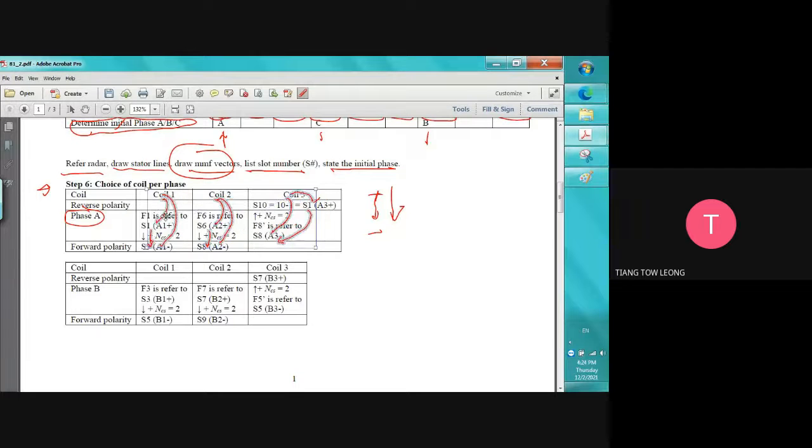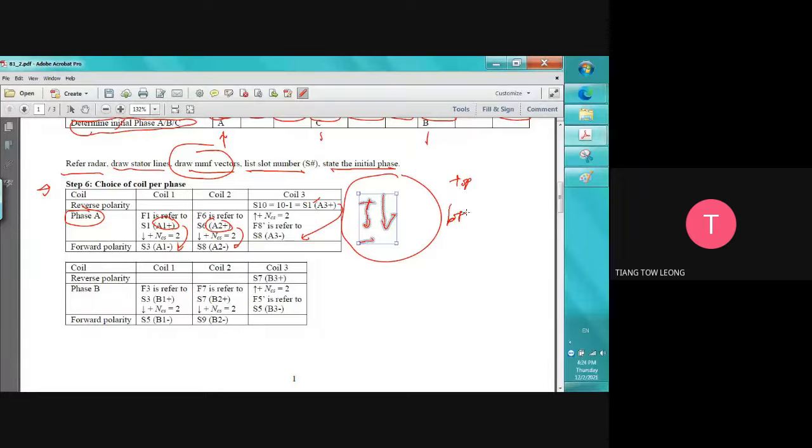Usually this one is plus, right? But because plus goes to the minus. But this time, plus is at the top, minus at the center. This is the rules. You need to apply these rules. The default polarity must be from the top to the bottom, where plus at the top, first come first serve. First is plus, then second will be negative. So same as well here. B1 plus, B1 minus.